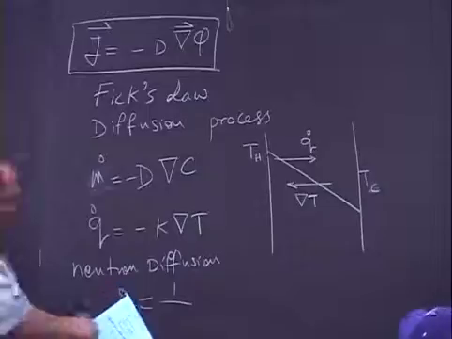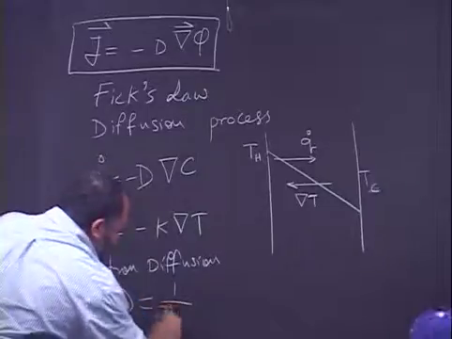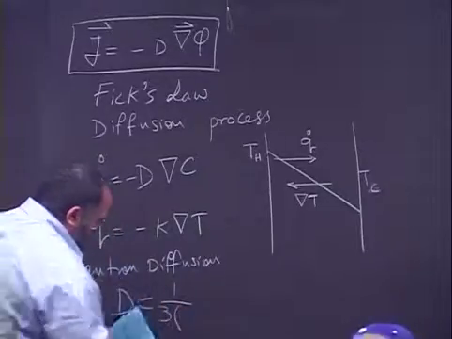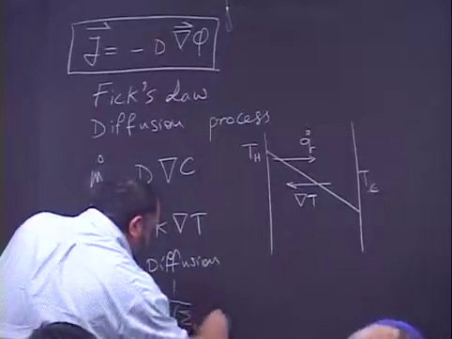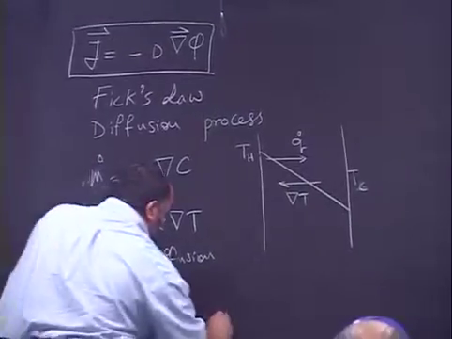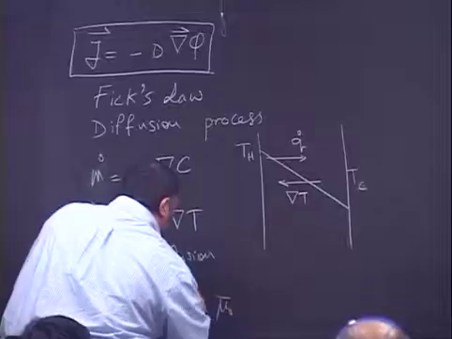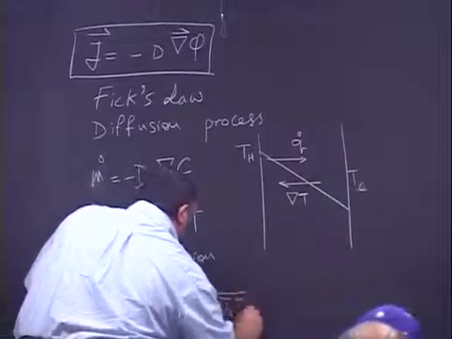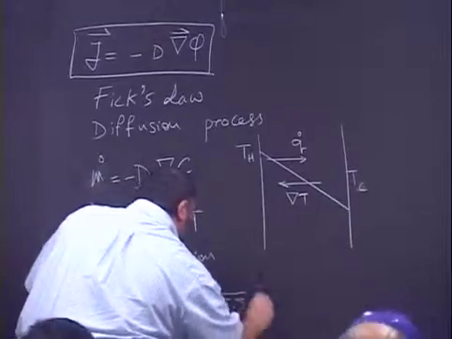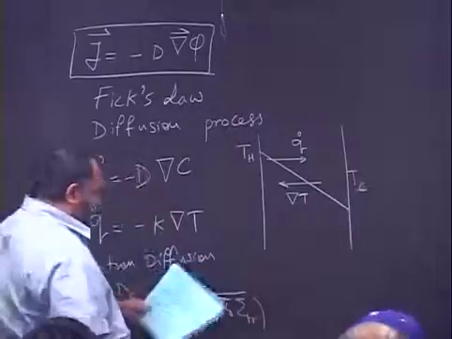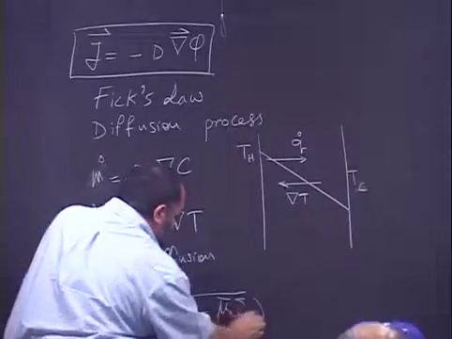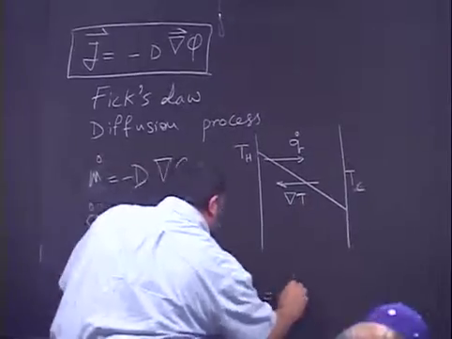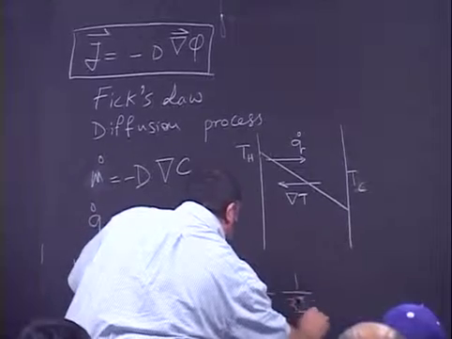So the right diffusion coefficient from the transport equation is D equal to 1 over 3 sigma transport.